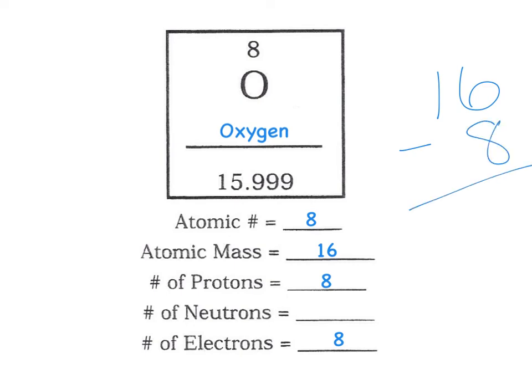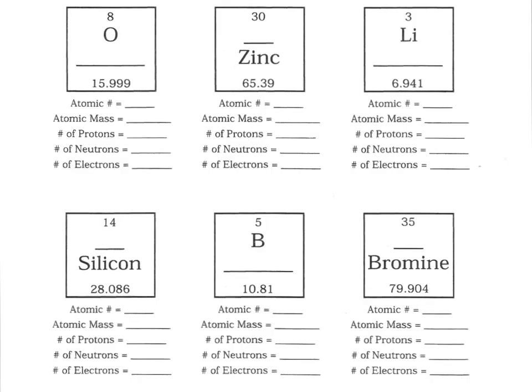Well, 16 minus 8 is, fancy Dan that. So my number of neutrons must be 8. So does that mean protons, neutrons, and electrons always match? Absolutely not. So be careful. Don't automatically fill in protons, neutrons, and electrons as the same number.